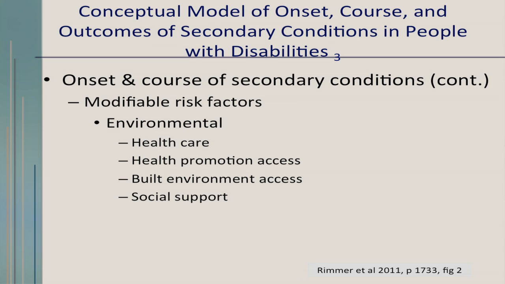There's also the issue of lack of health promotion access, if they're not getting the information that they need on how to be as healthy as possible. Built environment access is a huge issue in that sometimes homes are not very accessible, sometimes doctors' offices are not very accessible, so these can be big issues for patients.